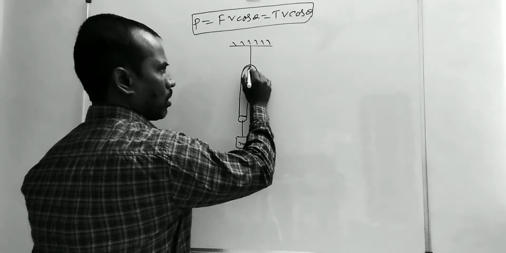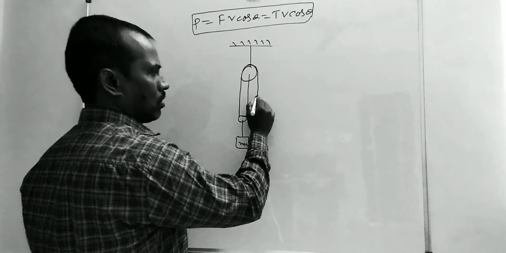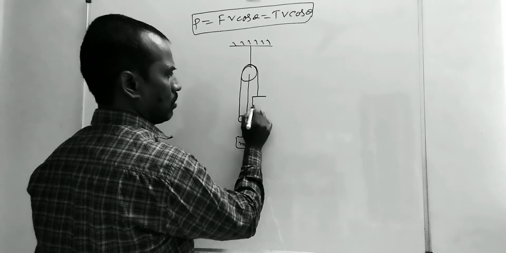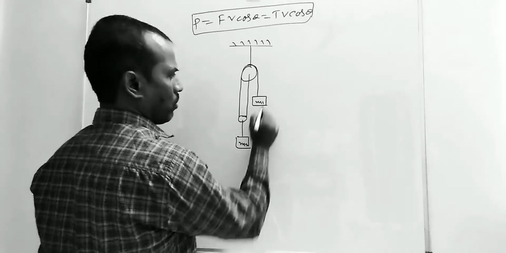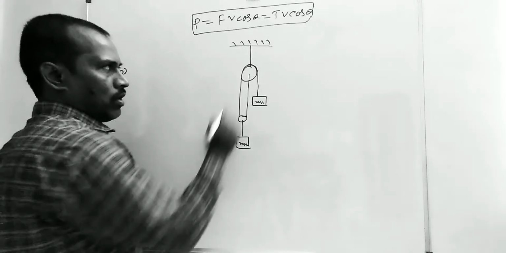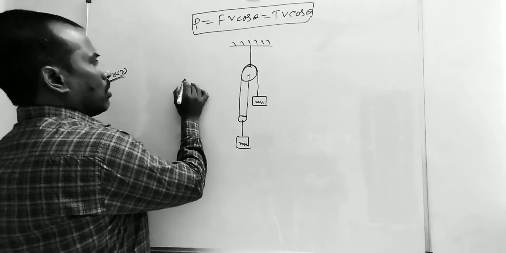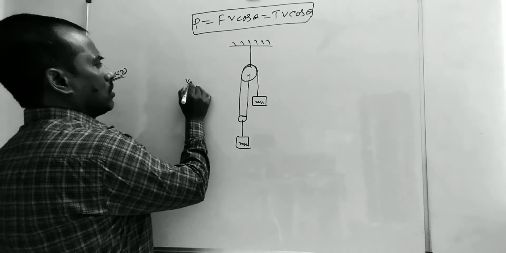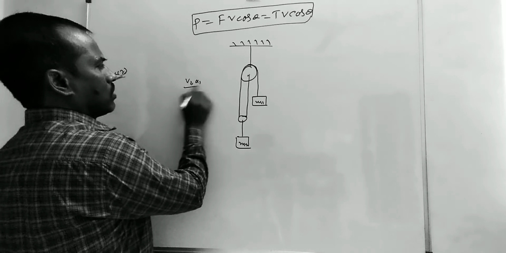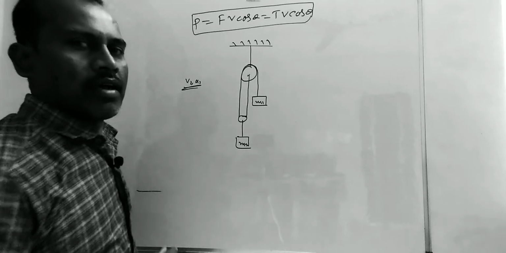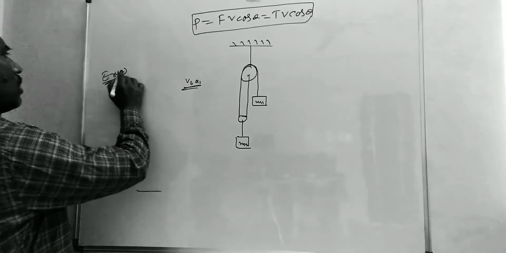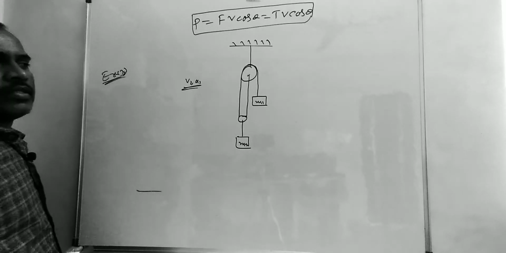Another block over the frictionless surface here, this one is the M1 block. This is fixed. Now find out the velocity and accelerations in this. This is example 3.